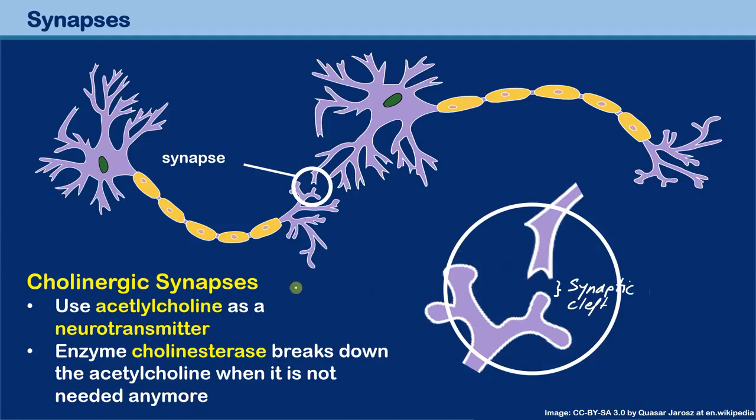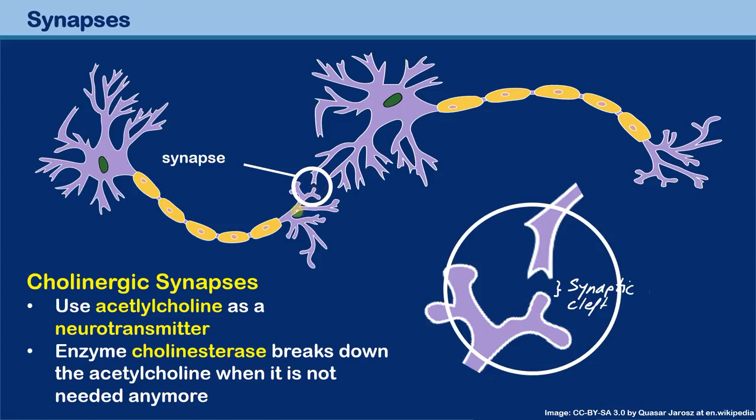What happens here is that a nerve signal which travels down the axon reaches the end of the neuron, and then the signal has to be passed on to the next nerve cell, the next neuron. There are special chemical events that happen here at the synapse.